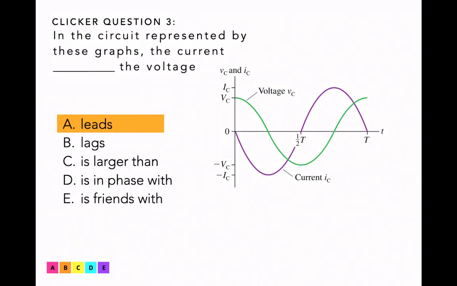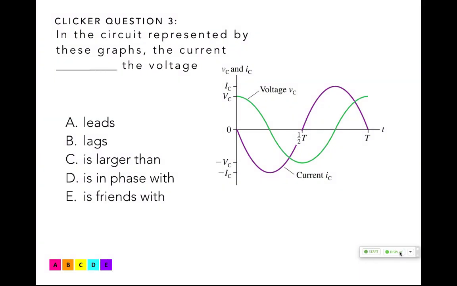And we see, look, current peaks, then voltage peaks, okay, as we go forward in time. But it's not as easy to see when you're looking at a sine graph. It's pretty straightforward that the phase is 90 degrees, and we know which thing peaks first when you look at the phasor diagram. So the whole point of the phasor diagram is to show phase in a more user-friendly way.